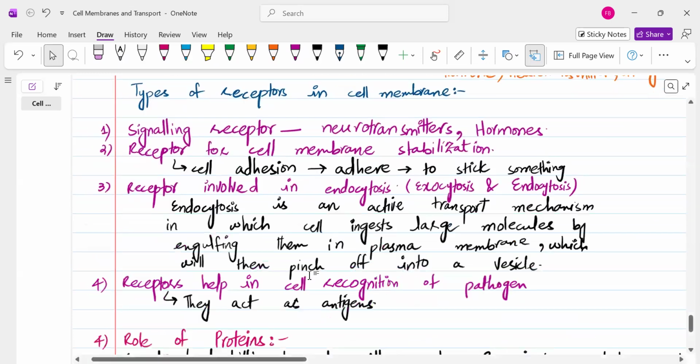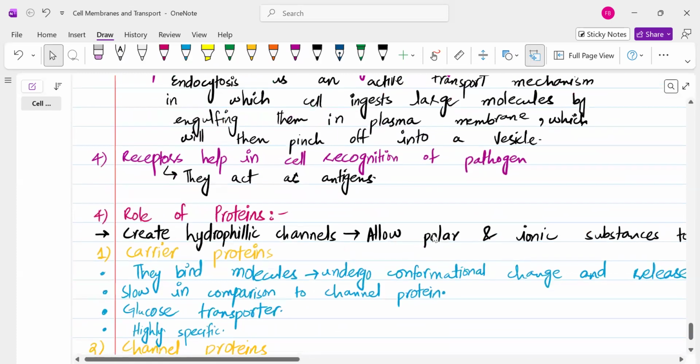And what can those substances be? Which substances can pass through the carrier proteins? In general, like glucose. Non-polar substances like fatty acids don't need any channels.